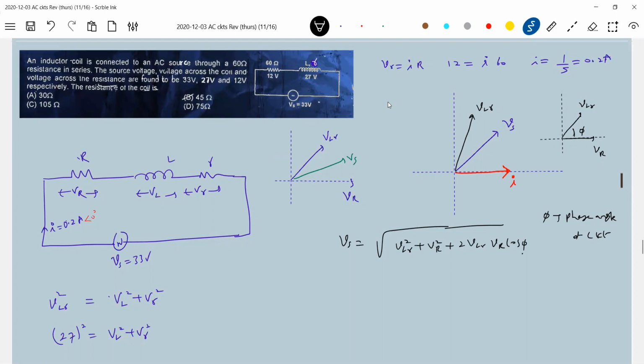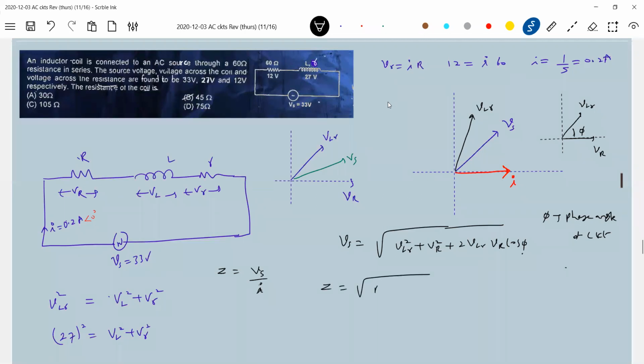After getting this phase angle, can we define the total impedance of the circuit? Because now we know current and applied voltage. Then we know the total impedance of the circuit. So the total impedance Z is equal to VS by I. Can we write this in any other form, the Z?